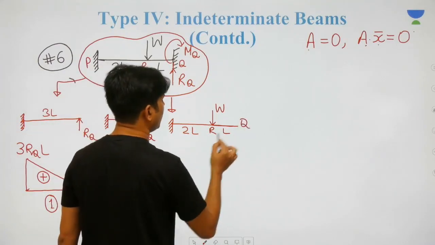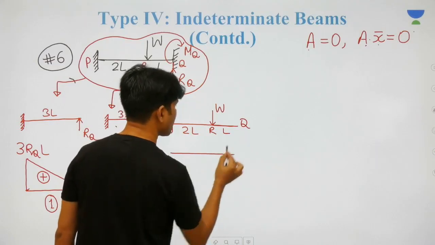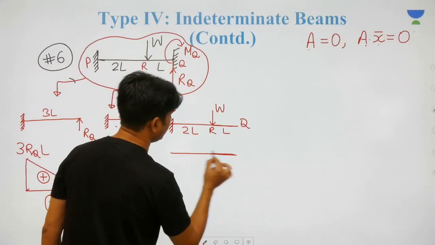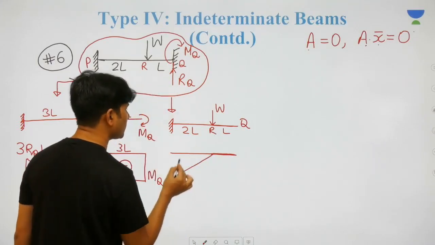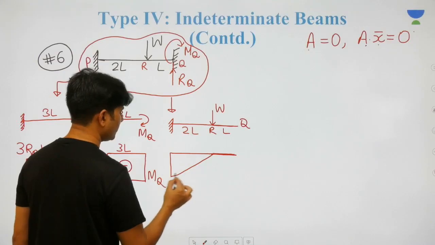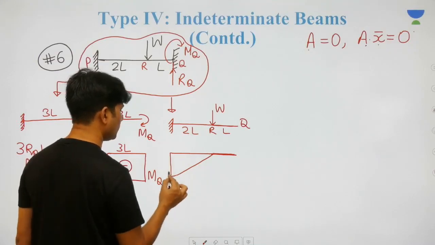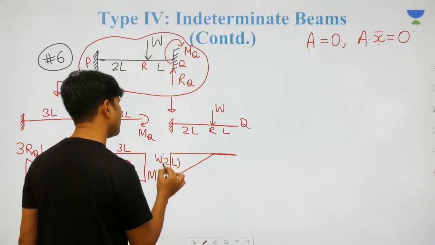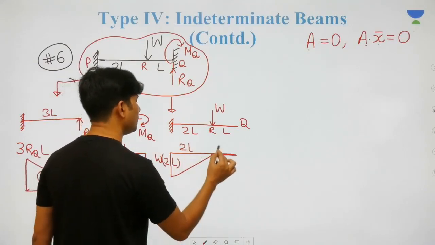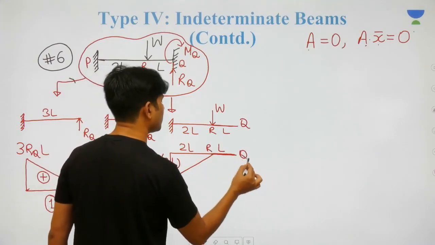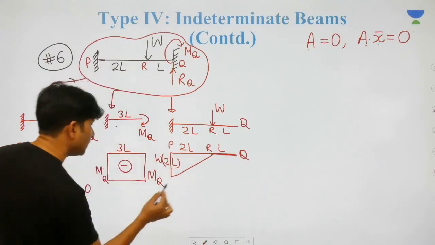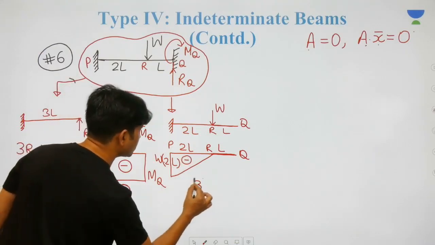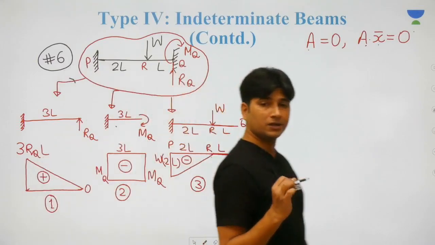Now between Q and R there is no load, so the bending moment will be nothing here, but starting from R it will be W multiplied by 2L. This base is 2L, and this is L; this is R, Q and P. This is again a negative area. Let's call this area number 2, and this area number 3.